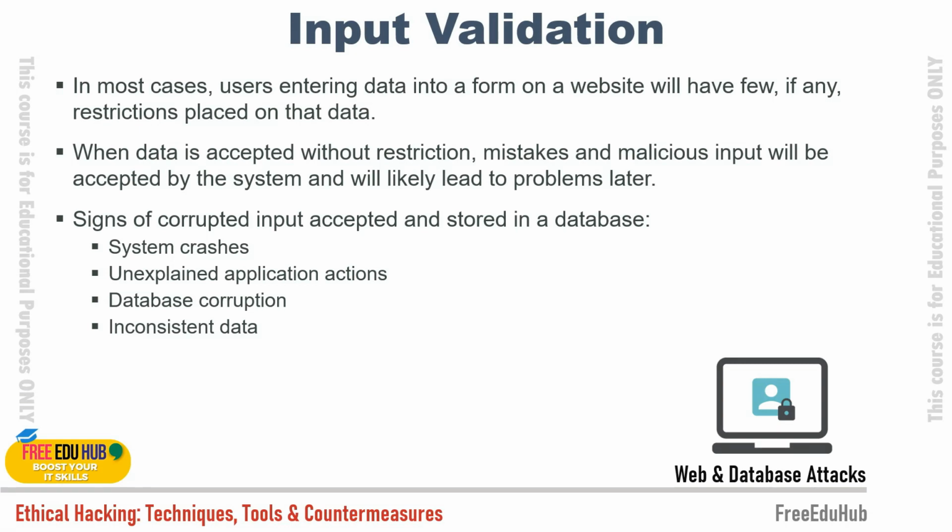The signs of corruption you would see if there is a problem with the data stored on the database are that the system would crash, there would be unexplained application actions, database corruption, or inconsistent data saved in the database itself.